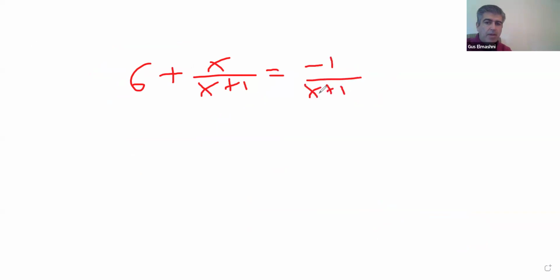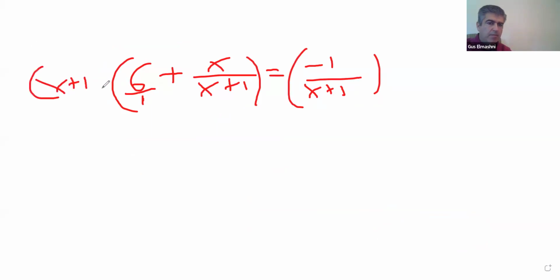So you have 6. Which way would we do this one? So yeah, you have some options. You could make that 6 over 1, right? And then you multiply everything by x plus 1, because that's the LCD for everything, right? Because you have 1, x plus 1, x plus 1.